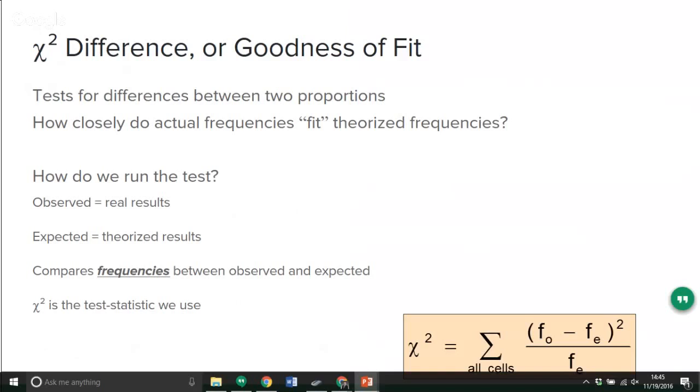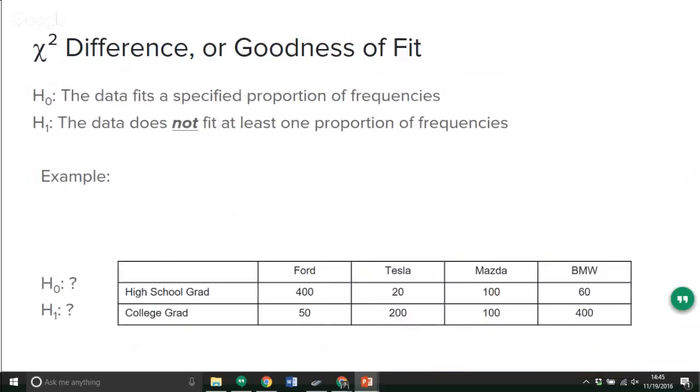So, if we were to talk about hypotheses for goodness of fit, we would essentially be saying that the data fits is our null hypothesis, that the proportion is equal.